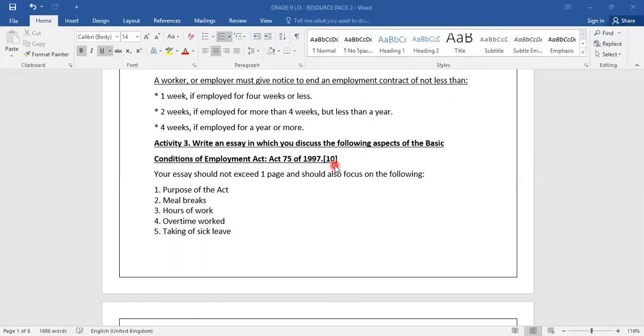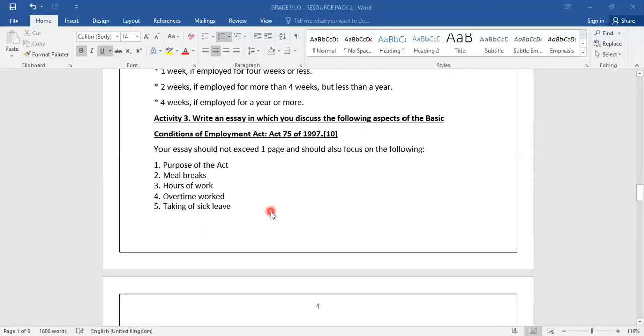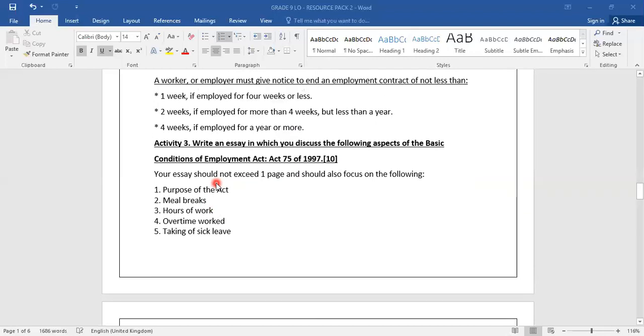It's also important to know that your essay should not exceed 1 page and should focus on the following areas, such as the purpose of the Act, meal breaks, hours of work, overtime worked, as well as the taking of sick leave.